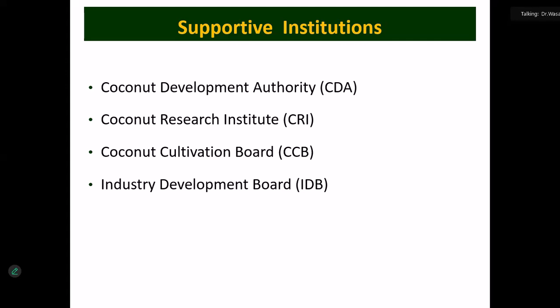We discussed it in the coconut agronomy subject. They do the research in new development and find research solutions for problems. The main role of CRI, the Coconut Research Institute, is to do research in new product development as well as find solutions for ongoing problems.